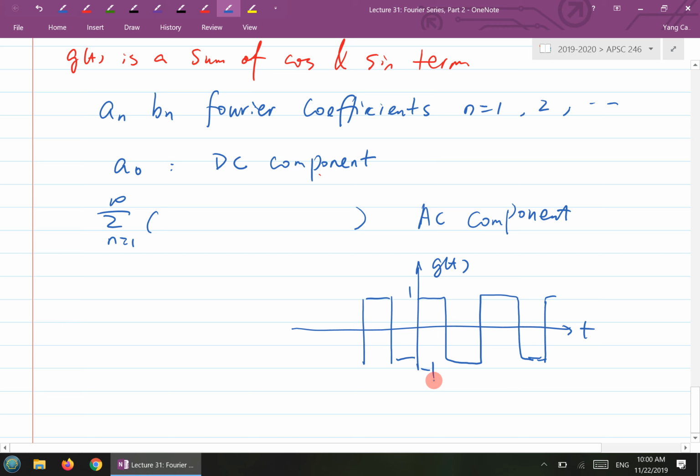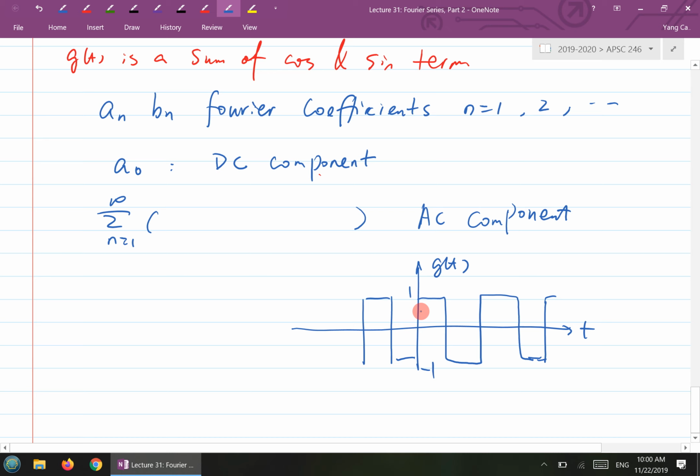If you look at this one, what's the DC component? The DC component for this one is equal to 1. Does it have one? Because it's symmetric here, the DC component is actually equal to 0.